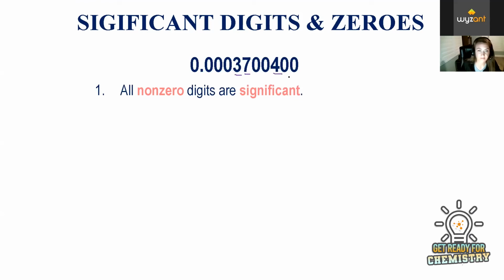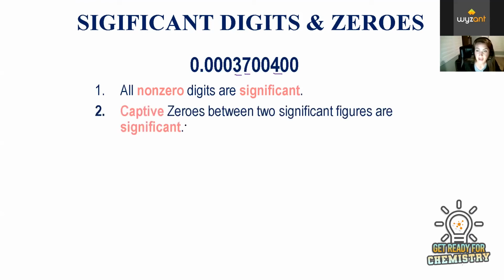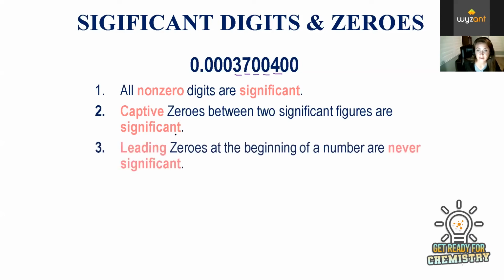So these 3 are definitely significant. Captive zeros, which are zeros between 2 significant figures, are significant. So captive zeros are zeros that are in between 2 non-zero digits. These are significant. And then leading zeros at the beginning of a number are never significant. So any zero in front of a non-zero digit is never significant.